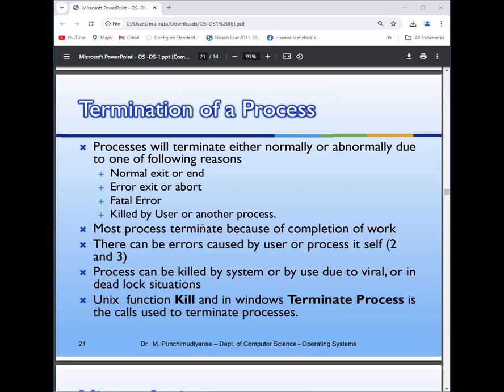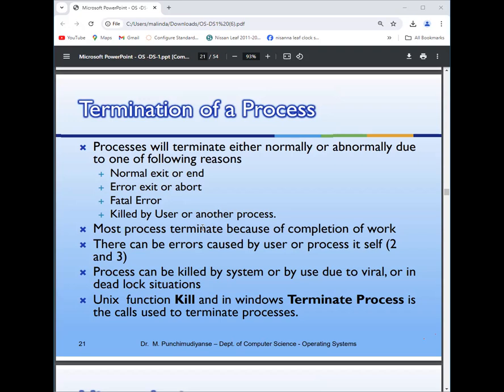The fourth one is when a process is terminated, it can be killed by a user or another process. That means we think that this process is not needed, or it has hung. That means it is running forever but doing nothing. So then the user can terminate the process. We call it a kill.